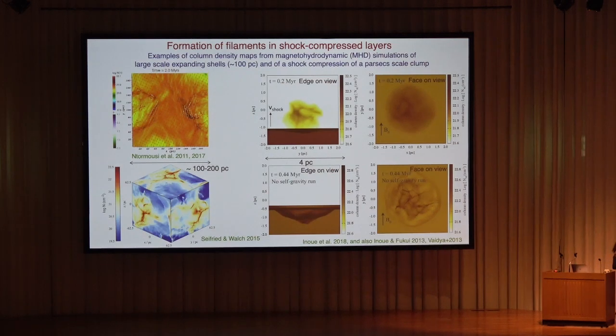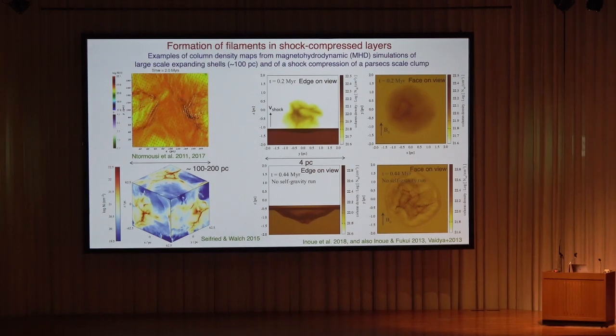Regarding gravity, if there were no density perturbation or inhomogeneity, you would expect to form filaments through gravity. But because you have density and velocity perturbations, formation of filaments through gravity takes longer.